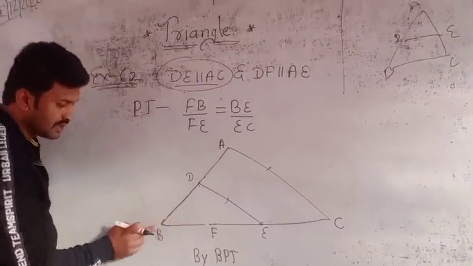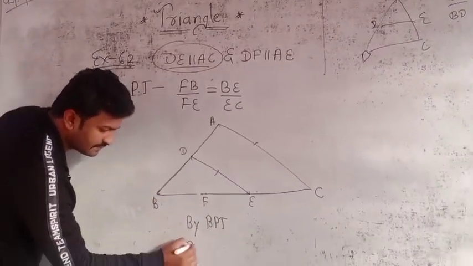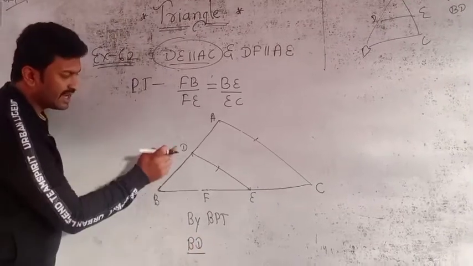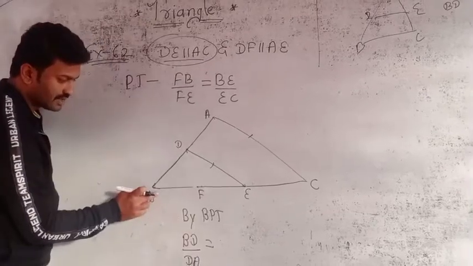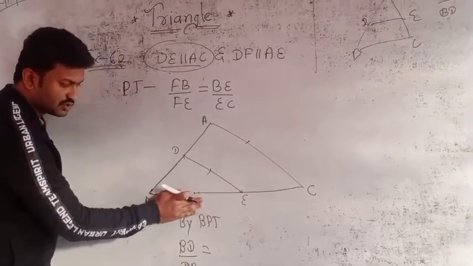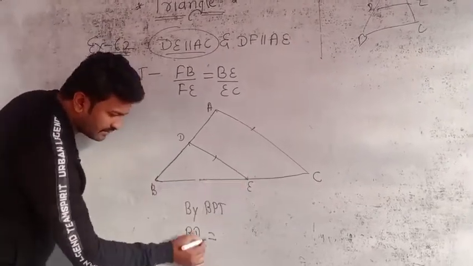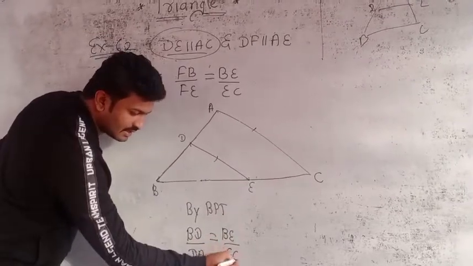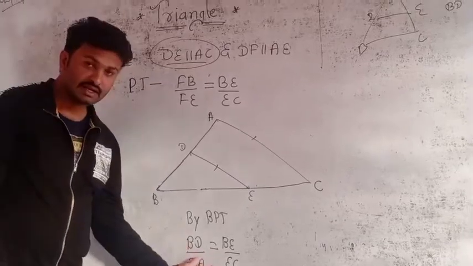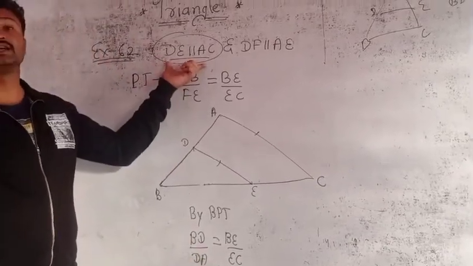What we have? BD divided by DA equals to BE. Don't worry about this also. BE divided by EC. Okay. Why? This is because of this reason.